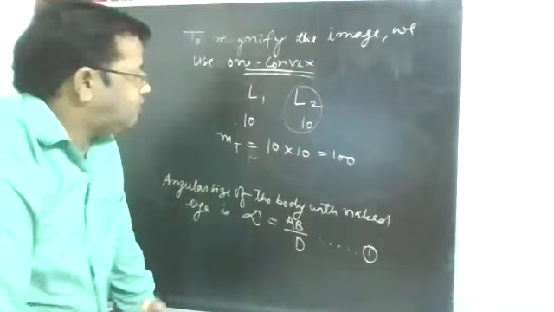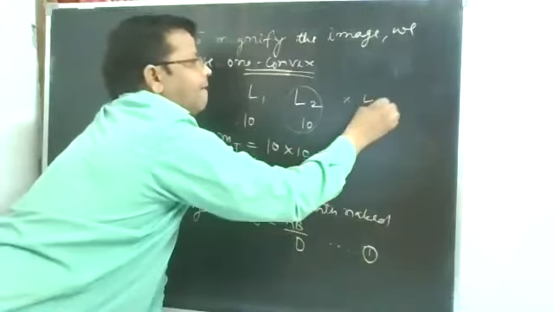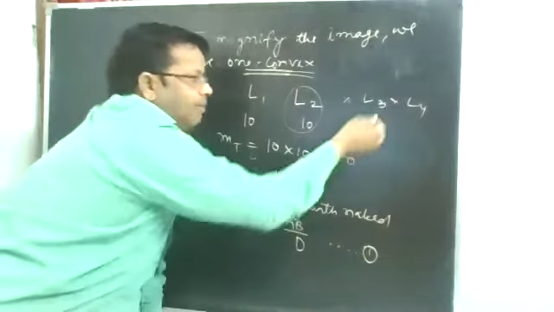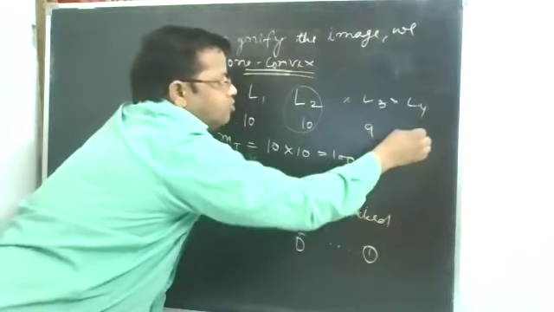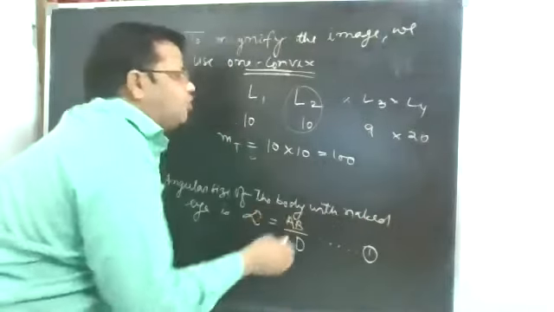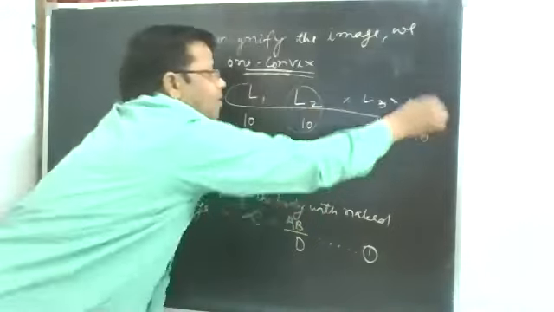Now, if you are using four lenses, if the magnification power of this lens is 10, this one is 9, this one is again 20, then what is the total magnification? Magnification always multiplies. Why?